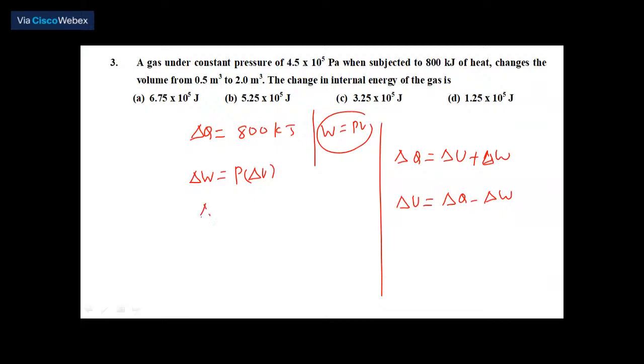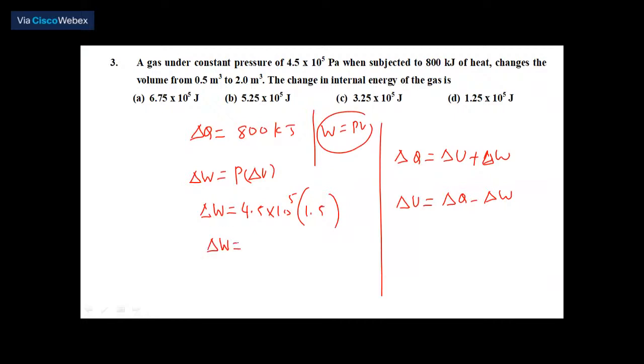This is written as delta W is equal to P, which is given constant pressure. It is 4.5 into 10 to the power 5. Change in volume is 2 meter cube minus 0.5 meter cube. That is 1.5 meter cube, right? Change in volume is known to you.